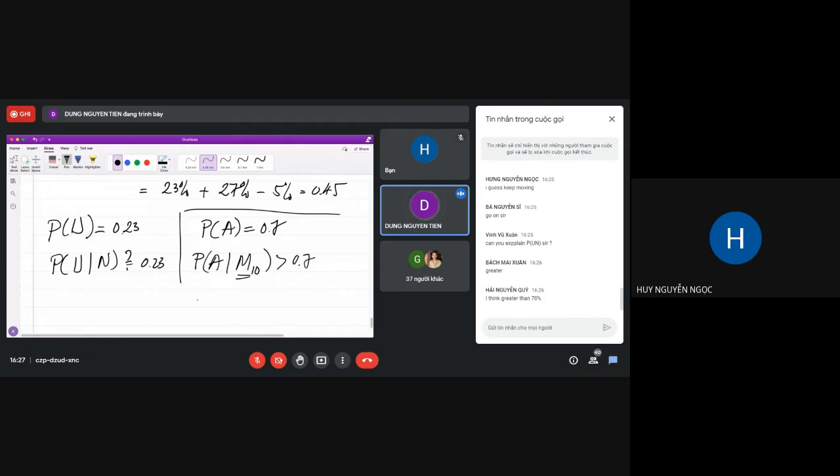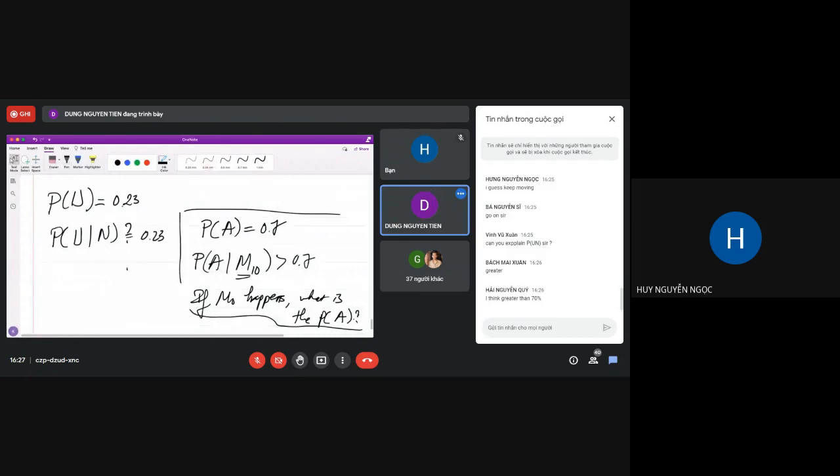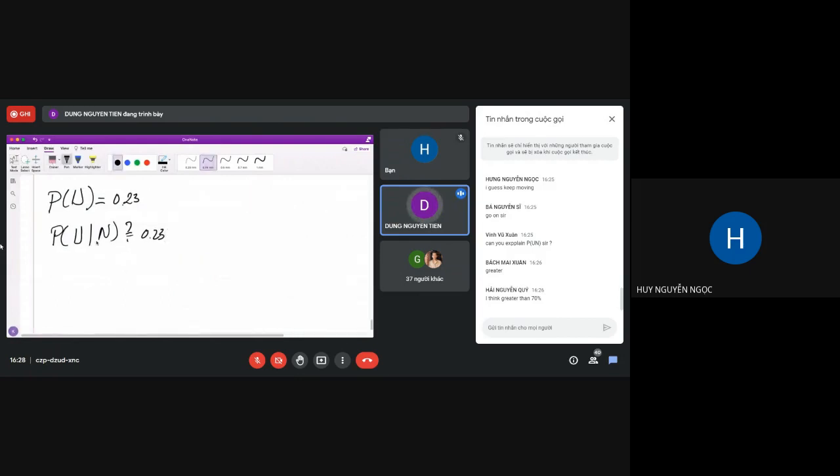Just like if B occurs, what is the probability of A? That is what you want to study, and this is called conditional probability, just like you have conditional clauses. Am I right? So this is what we want to do.